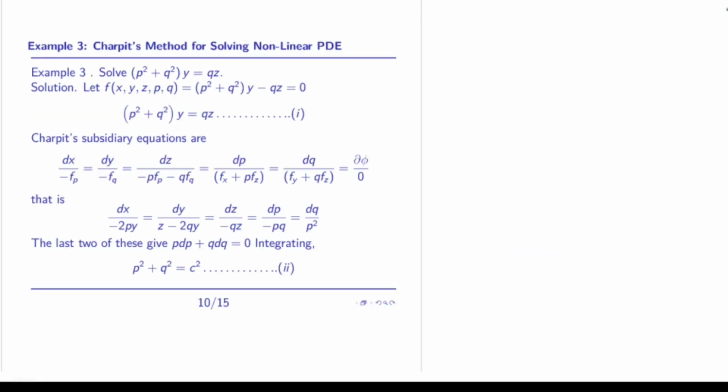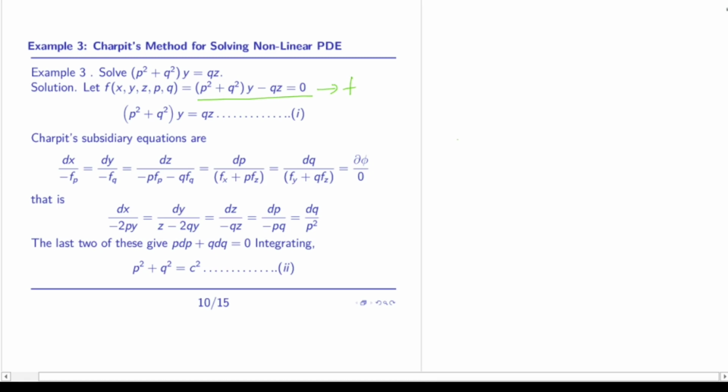Now let us see another problem. Solve the partial differential equation (p square plus q square) y equal to qz. Again we convert this equation into the form f of x, y, z, p, q equal to 0. So ultimately this is our function.